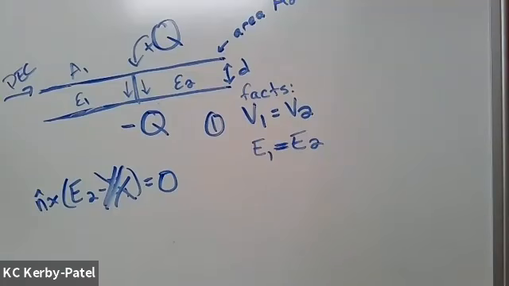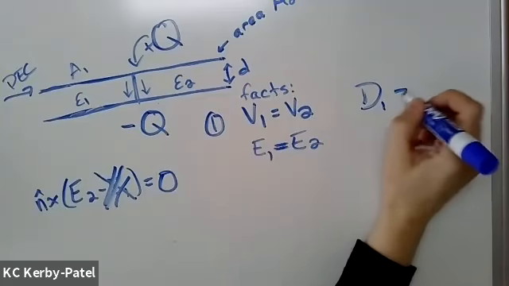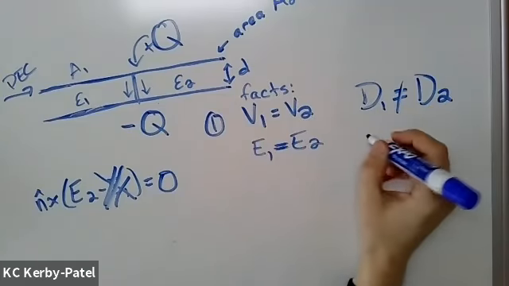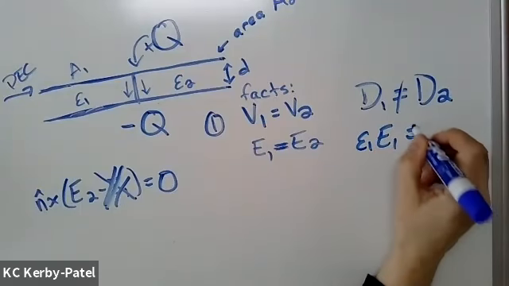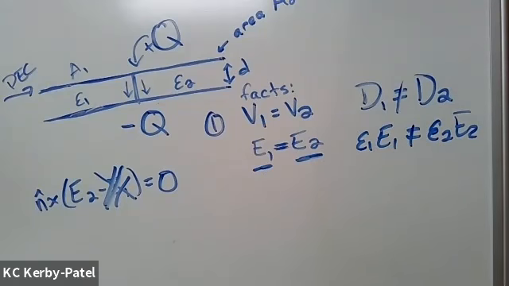Because the flux density is dependent upon epsilon times E, and if E is the same, then the other component has to be changing. Yeah, flux density 1 does not equal flux density 2 because epsilon 1 E1 does not equal epsilon 2 E2, even though E1 equals E2. Is that what you're saying? Yes. So that's good.